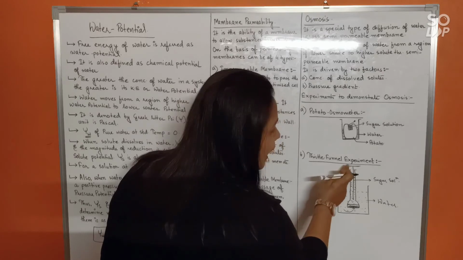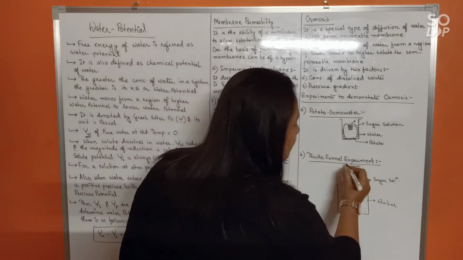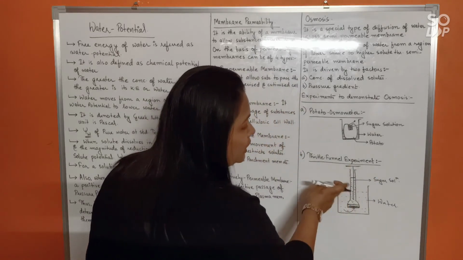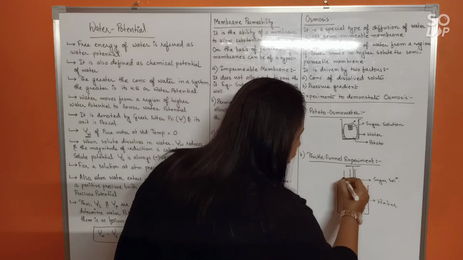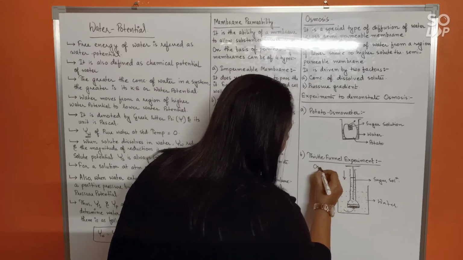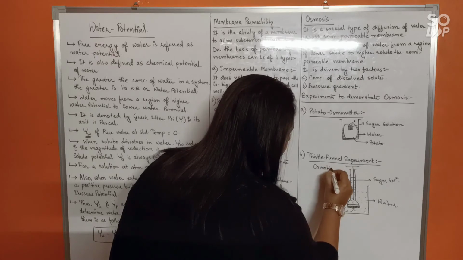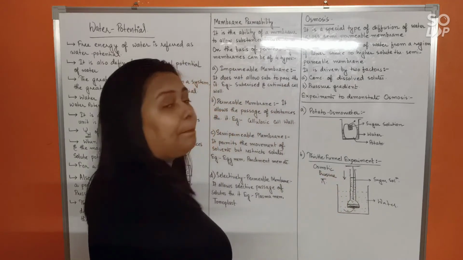For that, I will have to exert a certain amount of pressure, isn't it? The amount of pressure that you will have to exert to withstand the flow of water inside the funnel, that pressure will be regarded as osmotic pressure. And we refer to it as pi.